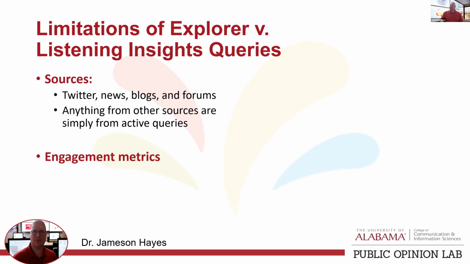Anything other than those four things that you find in Explorer are just in the system because some other Sprinklr customer searched it, but they're not exhaustive because they are based on what was searched for. So in terms of being able to say I have everything in those categories, you can't say that outside of Twitter, news, blogs, and forums. So really, if you're patient enough, anything you're doing with Twitter, you can pull from Listening Explorer, and that doesn't count against your mentions count.